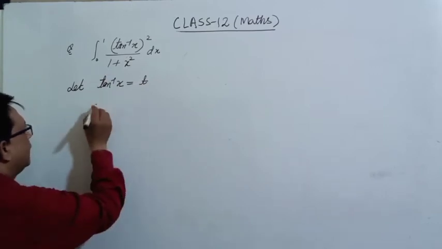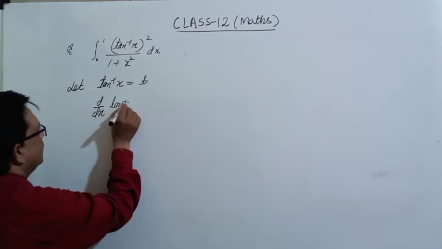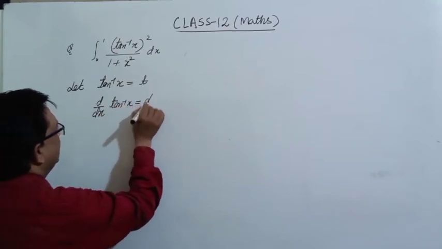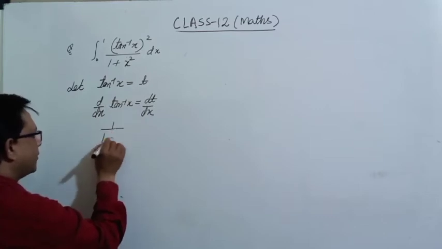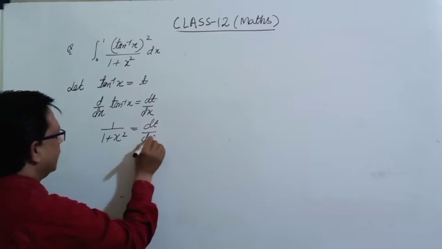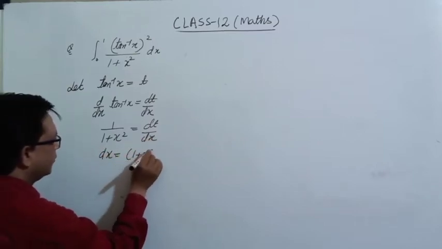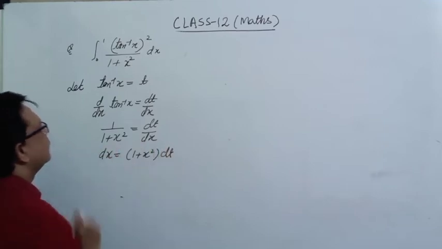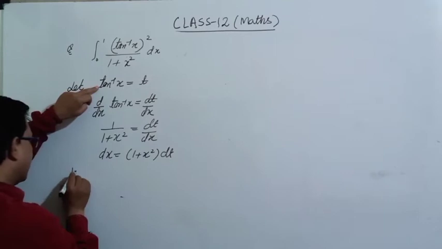Okay, so we find the derivative: d by dx of tan inverse x is equal to dt by dx. The derivative of tan inverse x is 1 upon 1 plus x square, equal to dt by dx. So here we find the value of dx is equal to (1 plus x square) dt. Also we change the limit.